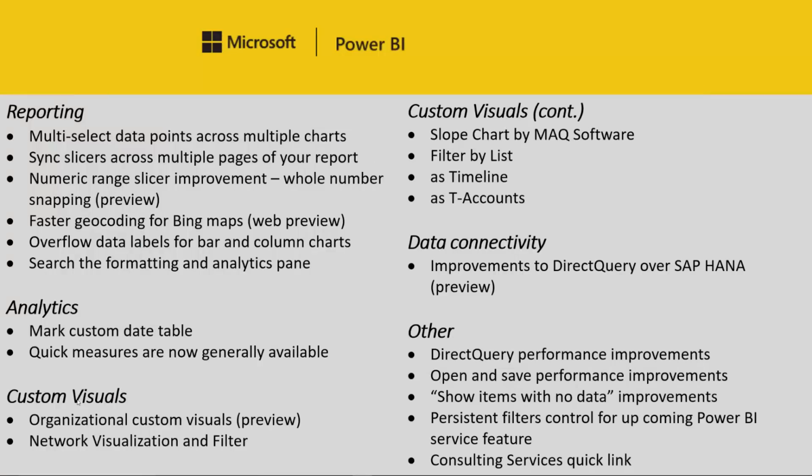Our next visual is Filter by List, and this custom visual is all around being able to filter down the data in your report page to a very specific list of values.